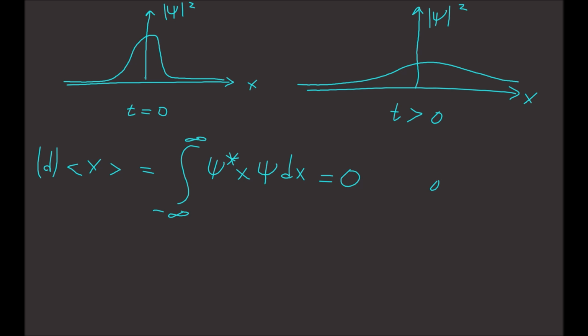Because we have an odd integral. Okay, so the expectation value of p, momentum, is mass times the time derivative of the expectation value of x, which is also 0.